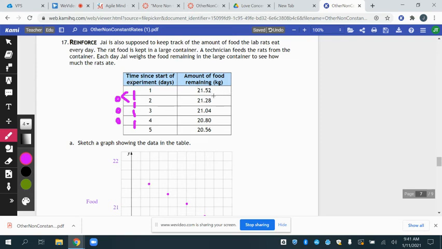This goes down by 52 down to 28, that's 24. It goes down by 0.24. Oh, it goes down by 0.24.